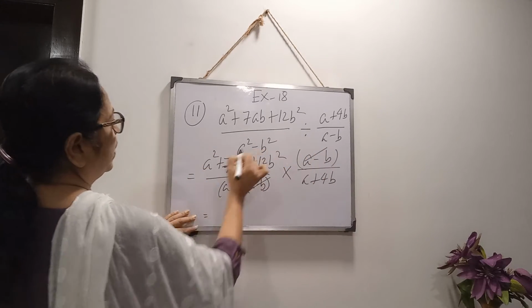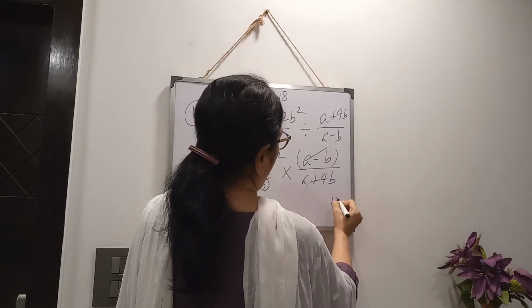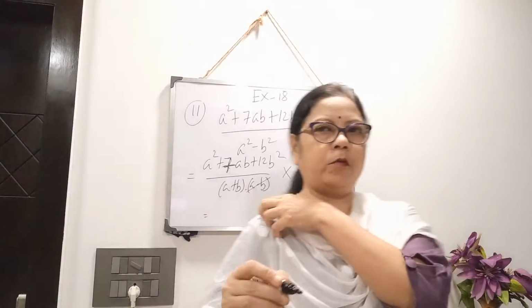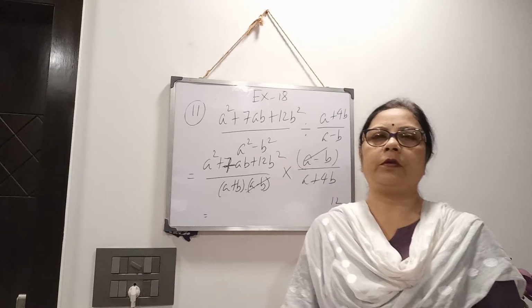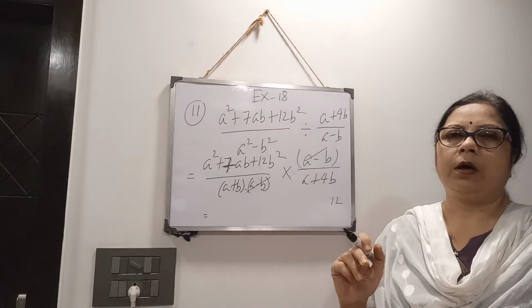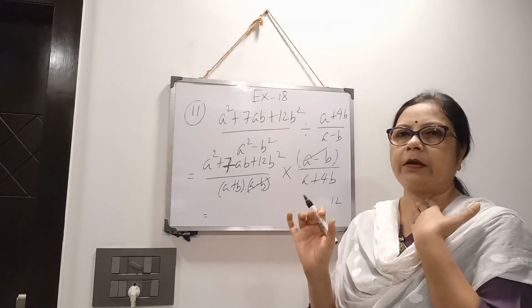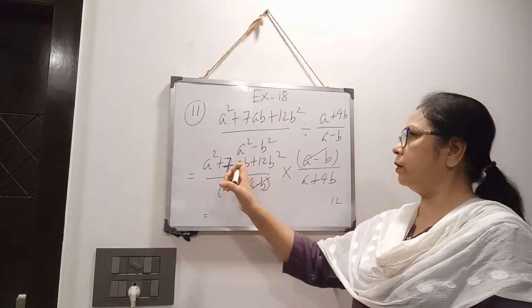Here we have to do the middle term. What is there? 12. What are the factors of 12? 12 into 1, 2 6s are 12, 4 3s are 12. Clear? Now you have to find out which are the suitable factors by which we can get the middle term. In the middle there is 7.